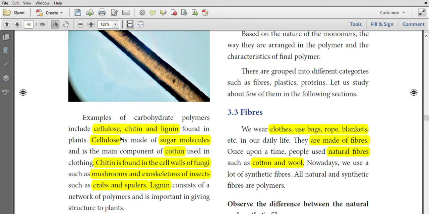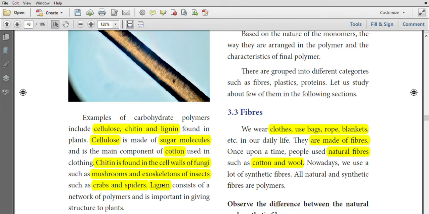Cellulose is found in the cell wall. Chitin is found in the cell wall of fungi like mushrooms and the exoskeletons of insects, crab, spider. Lignins are present in the outer surface of the plant.